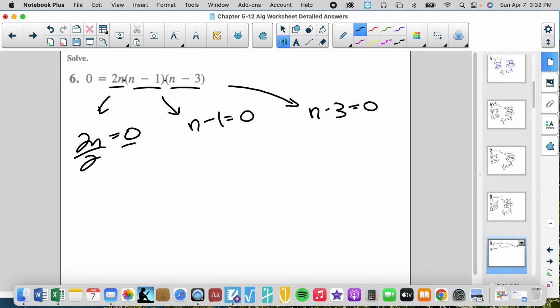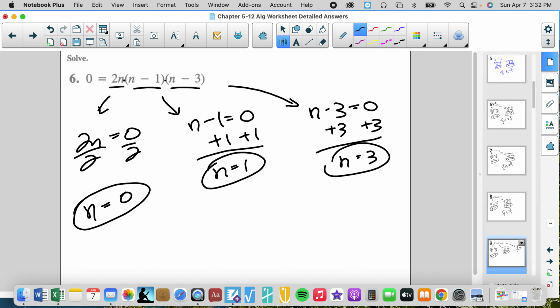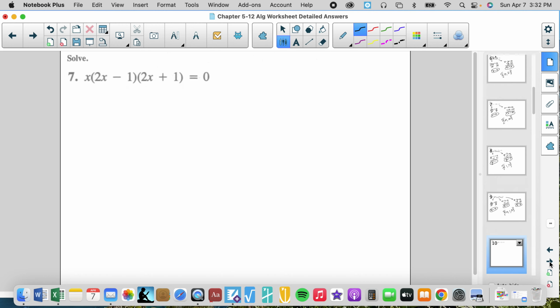So divide by 2, n equals 0. That's one of the solutions. n equals 1. That's another solution. And n equals 3. That's my third solution. So 0, 1, and 3. We can have three solutions here. Three values that would be a solution to that polynomial.